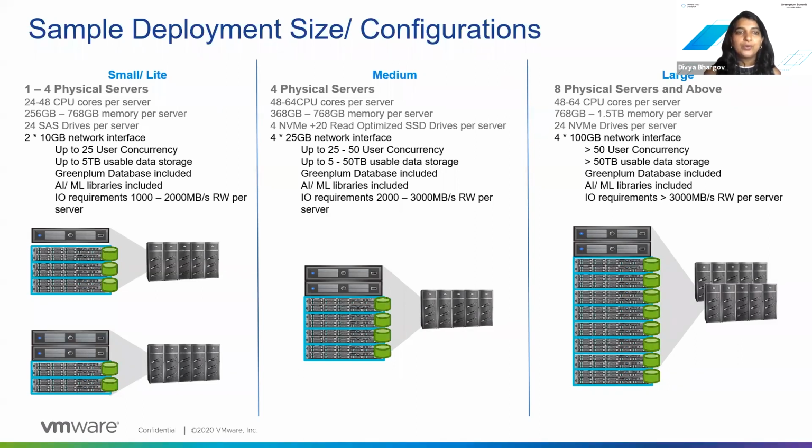And we have 4 25-gigabit network interfaces, 2 of which are used for vSAN, and the 2 others used for interconnect, Greenplum's interconnect. So, you get the Greenplum database and AI/ML libraries and fast I/O. So this is an example configuration.